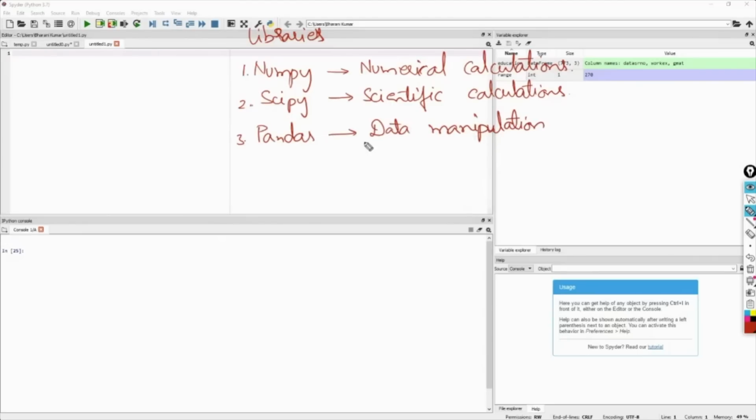That's data manipulation. Manipulation is not a wrong word. I mean, people take it negatively, but no. Four, you have something called as scikit-learn or sklearn. This is a library within Python which is used for machine learning algorithms.